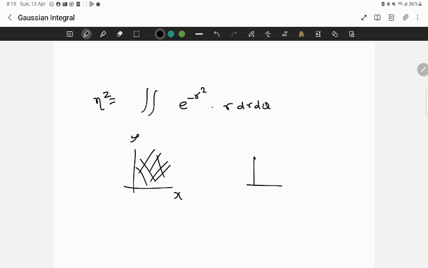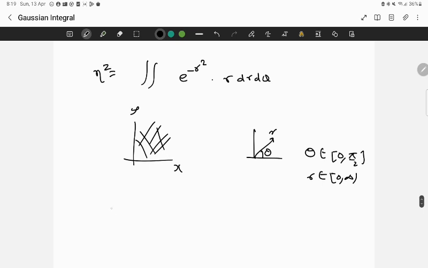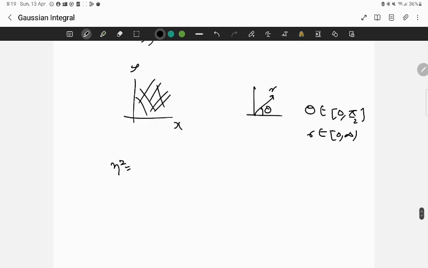In r theta space, therefore, theta would have to go from 0 to pi by 2, while r will be ranging from 0 to infinity, right? So then we can write eta squared as the integral from 0 to infinity, 0 to pi by 2, of r e to the power of minus r squared dr d theta.